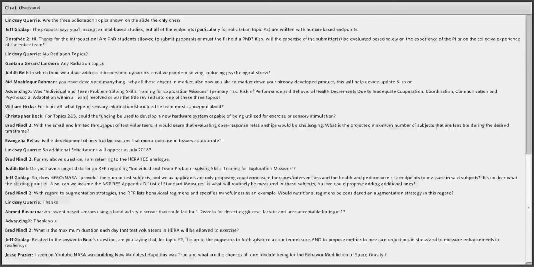If we don't have other ways to reduce the stress on a mission, is exercise critical as a countermeasure to that stress? So we're looking to understand what are the contributions of exercise of a particular type of regimen to reduce that stress and to enhance resiliency.